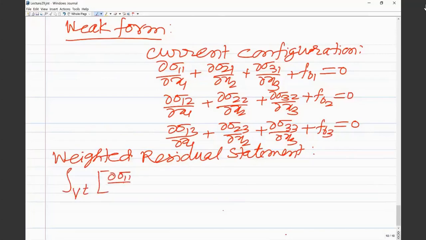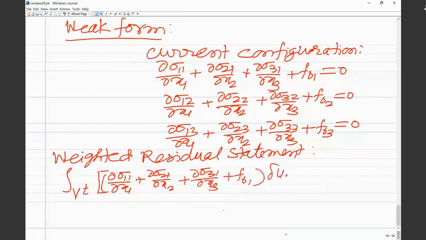So we'll have del sigma 11 upon del x1 plus del sigma 21 upon del x2 plus del sigma 31 upon del x3 plus fb1 into delta u1, the virtual displacement along the x1 direction.